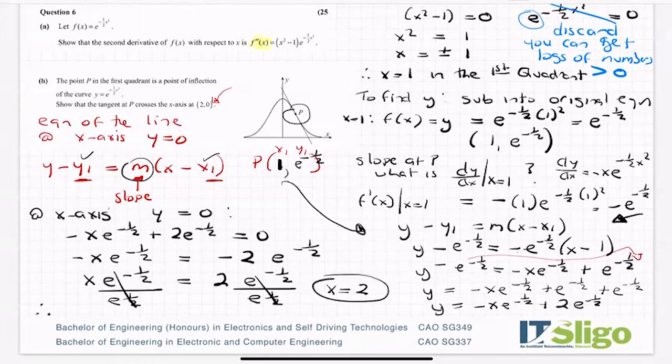Okay, therefore, the tangent at P crosses at x coordinate first, y coordinate. Okay. So kudos to you if you managed to get that question out, but do practice it because it really does test your skills at second derivative.